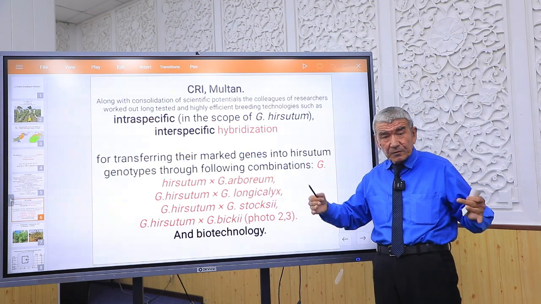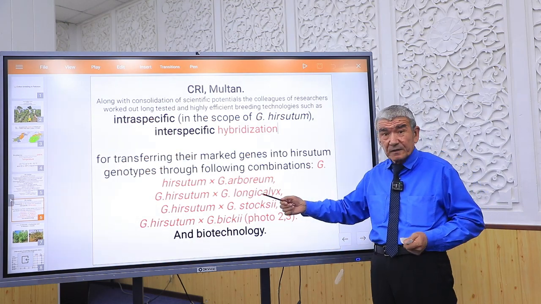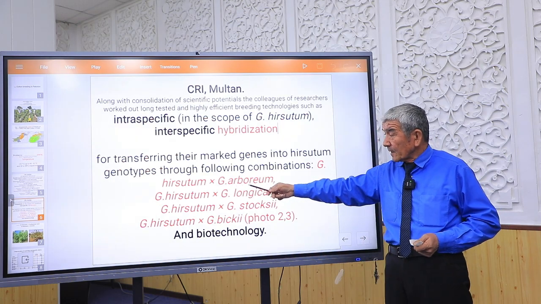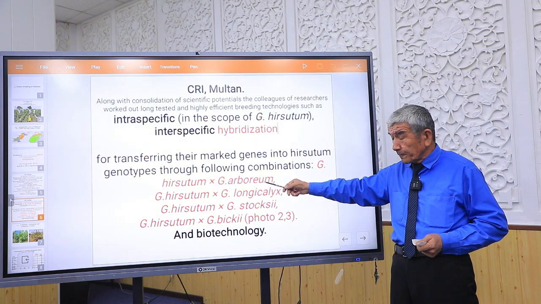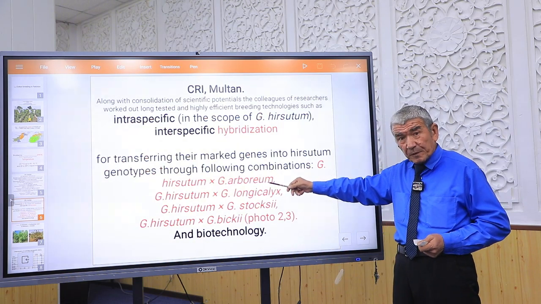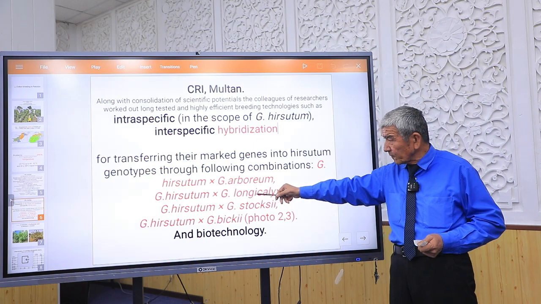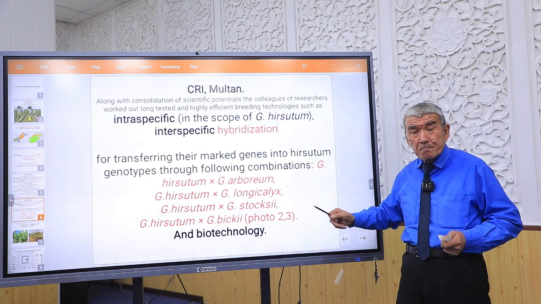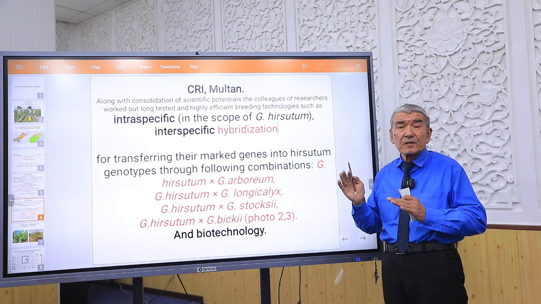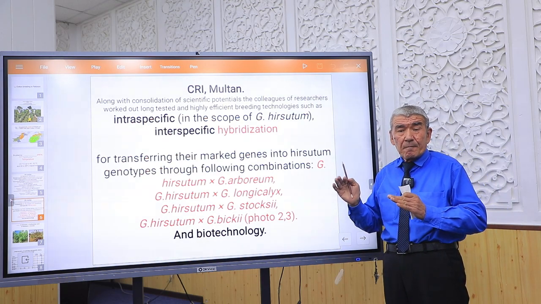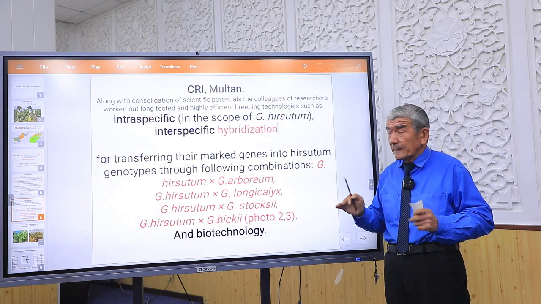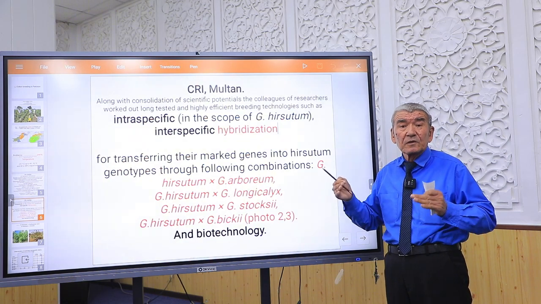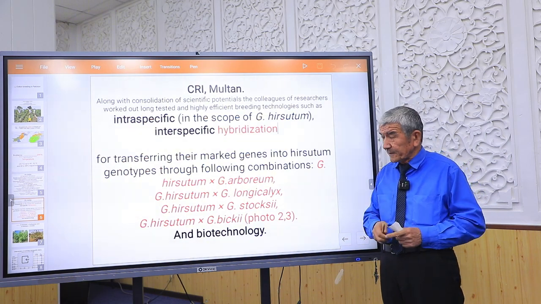The cultivated cotton varieties will be crossed with other species, depending on the target of breeders to improve some necessary or important traits or properties.